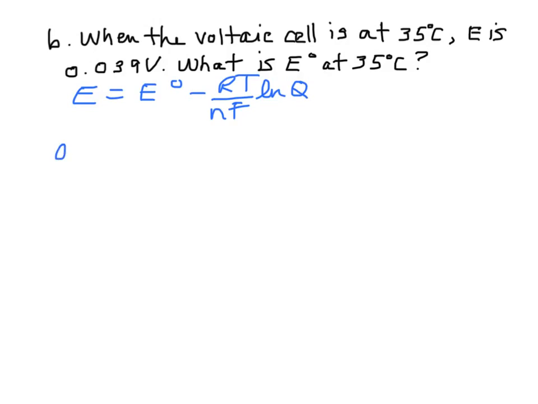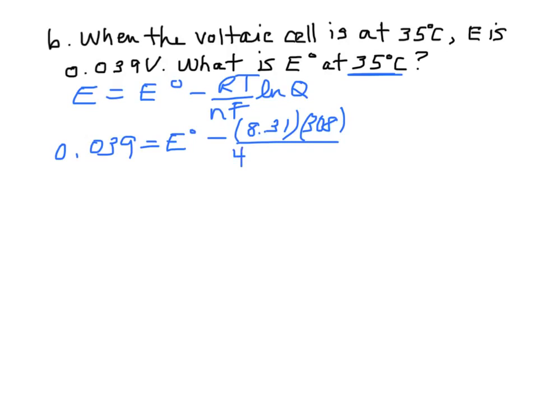They said E is 0.039. We're looking for E0. Now why can't I just get that from the table of standard reductions? Because it's only true at 25 degrees Celsius, and we have a new temperature. So minus 8.31, we have to leave it there because that's joules, times 308 Kelvin, that's your temperature, over 4, that's your n, and this is Faraday's constant, 96,485.